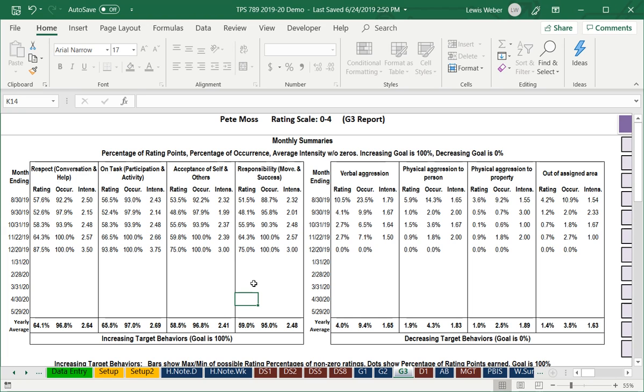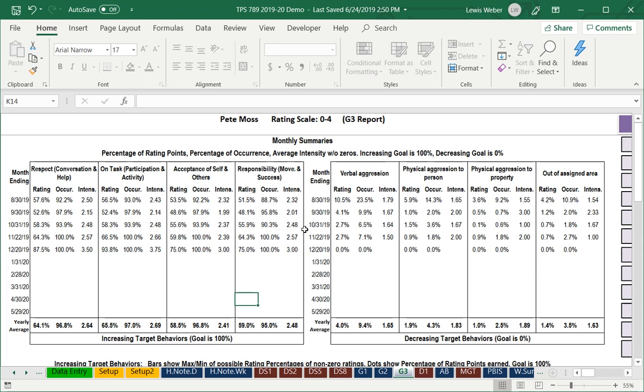Don't want to just paste it. You want to bring up the sub menu in Word, which will then allow you to paste as a picture. The reason why you want to do that: if you just click paste, because Word and Excel are both Microsoft products, Word's going to want to try to maintain the original formatting of Excel, and that's not going to help you out so much. So paste as a picture.